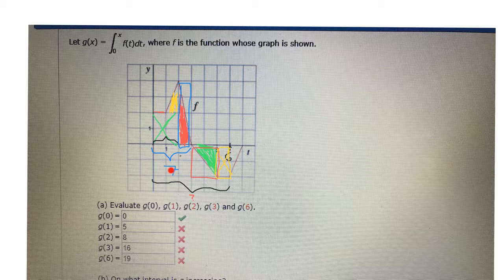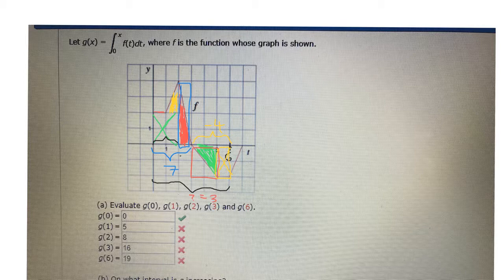So it's going to be 7 plus this negative 4 area. In fact, I will do in brackets calling that negative 4. So then at the end of the day, 7 plus this negative 4 is going to be 3. So when it comes to this question mark, that's going to equal 3.